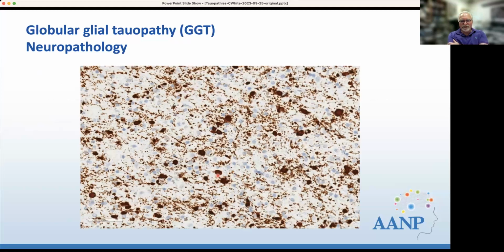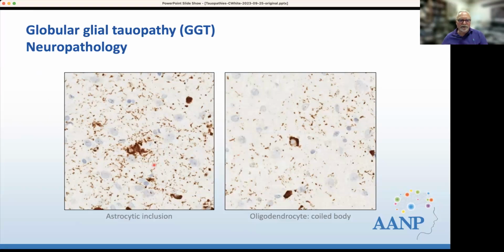Here's a low power view of what is really one of these postage stamp diagnoses. Once you see this, it's hard to mistake it for anything else. Again, these very large inclusions in oligodendroglia are composed of exclusively 4R tau. There are also globular inclusions in astrocytes in GGT.